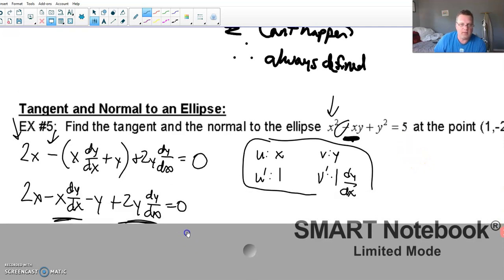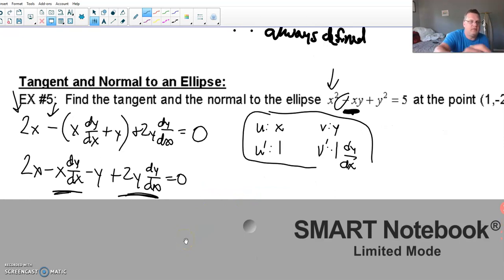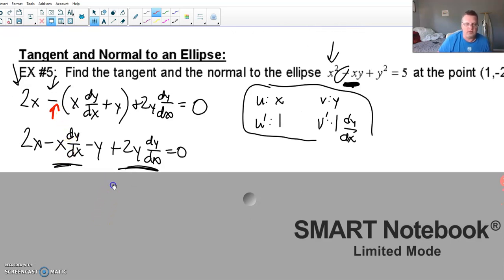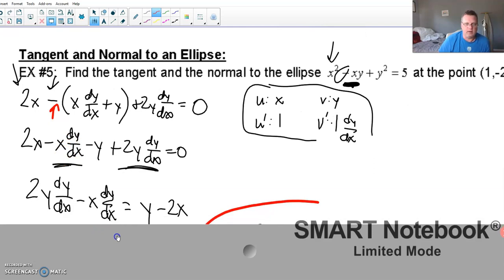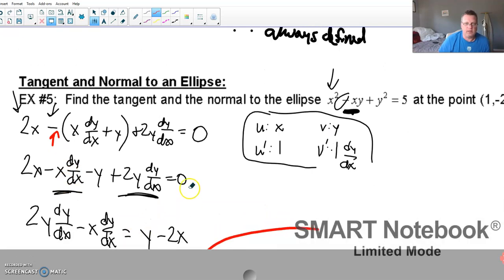And then I distribute the negative, right here. I distribute it through. And then what I did is I underlined the terms that have the dy dx in them. So what that means is I'm going to bring the 2x over and the y over to the right side, just like that.